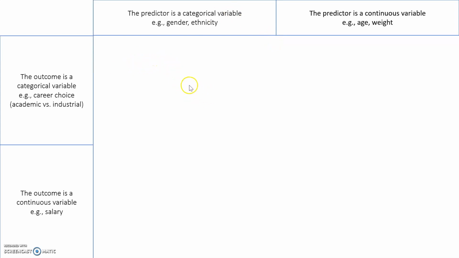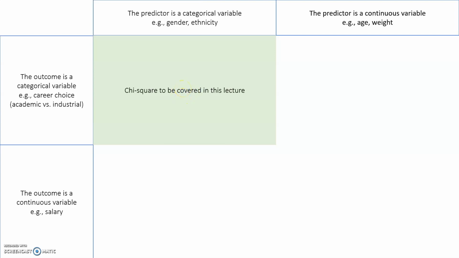Let's take a look. We're going to start from this first one. When we have a categorical predictor and at the same time a categorical outcome variable, we're going to use this chi-square test. And this is our main topic for today's class. Let me give you one example.